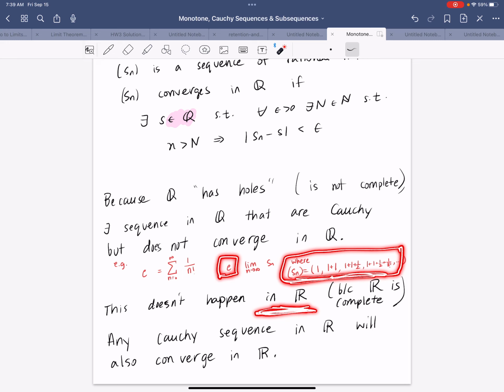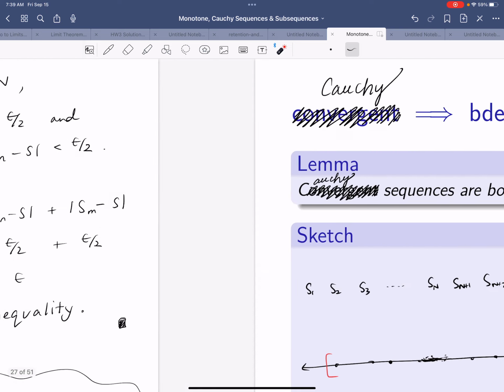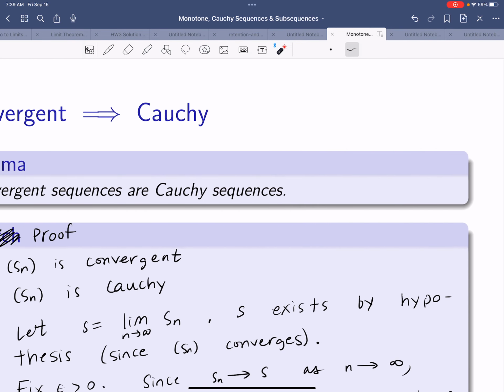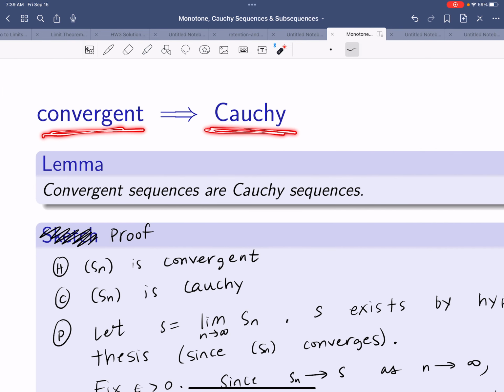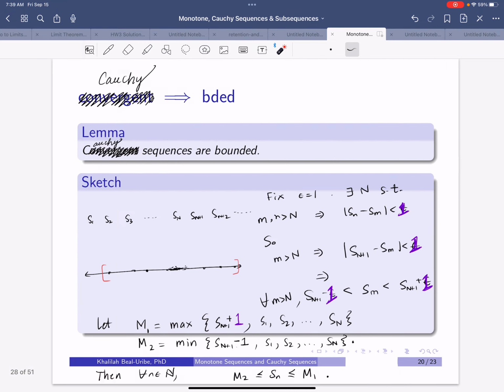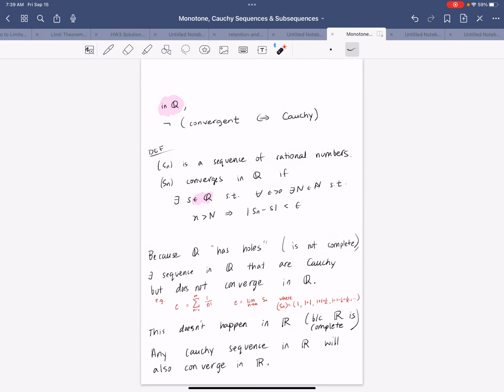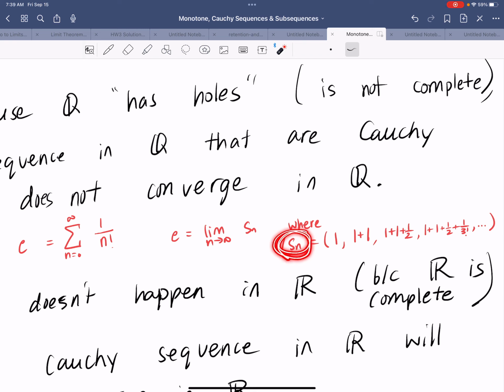And in R, we just proved that convergent sequences are Cauchy. So this sequence is Cauchy. It's Cauchy in R, it's Cauchy in Q.